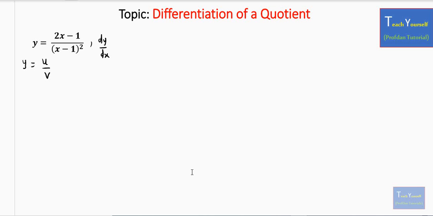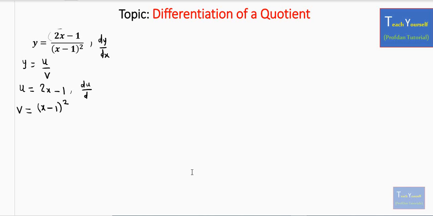So by equivalency, we can let u be equal to what we have on top here, which is 2x minus 1, and our v is the denominator, and that is (x minus 1) all squared.